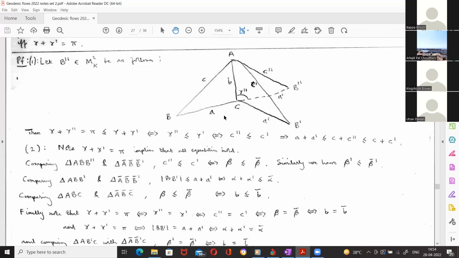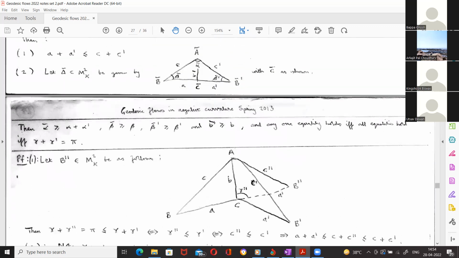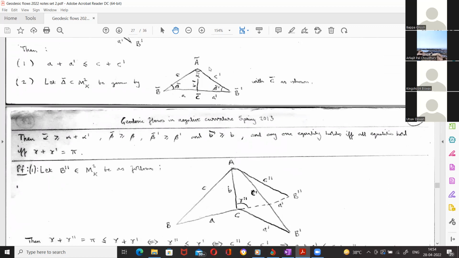So let's look at these. These have the same sides at A. This has sides C and C prime, and this other triangle A bar, B bar, B bar prime also has sides C and C prime.